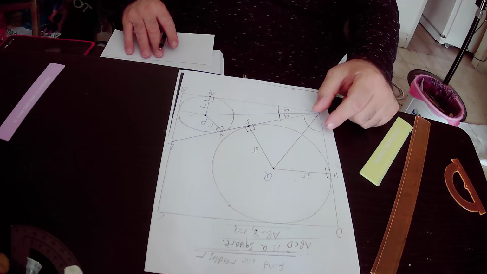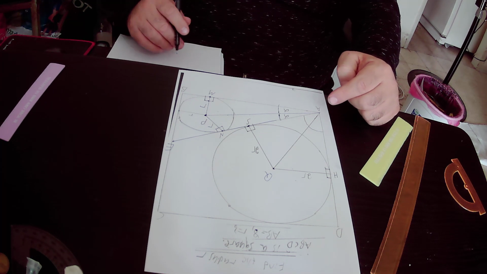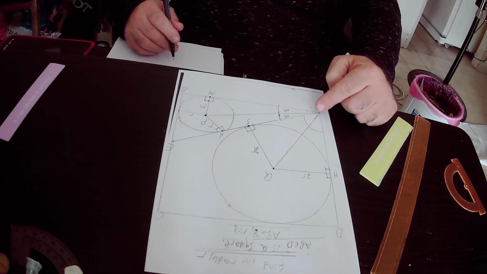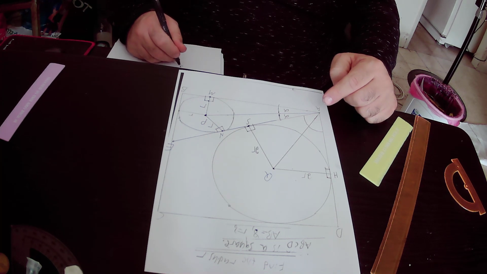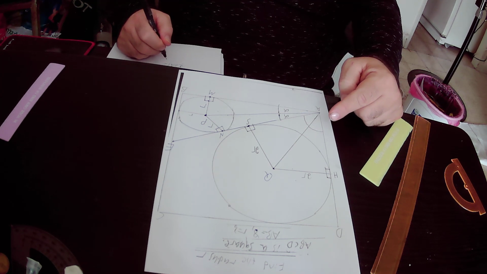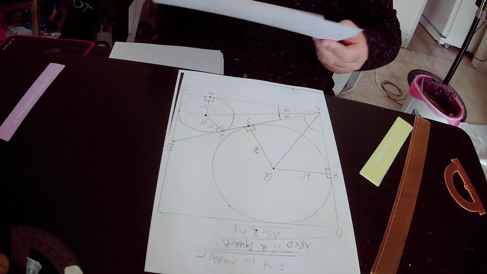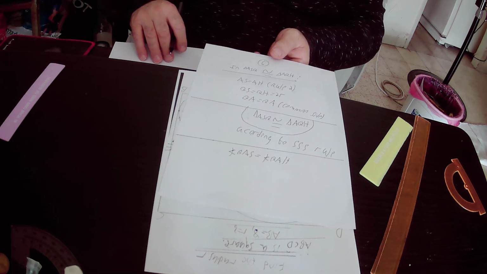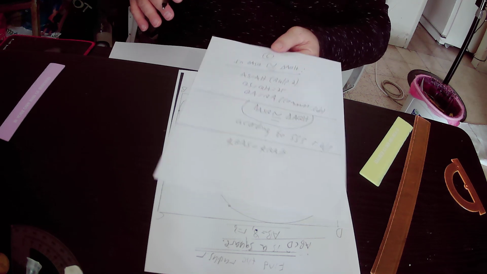Therefore, those two corresponding angles will be equal to each other. So I will write it down. Actually, this angle QAS equals angle QAH according to the rule that corresponding angles in congruent triangles are equal to each other.